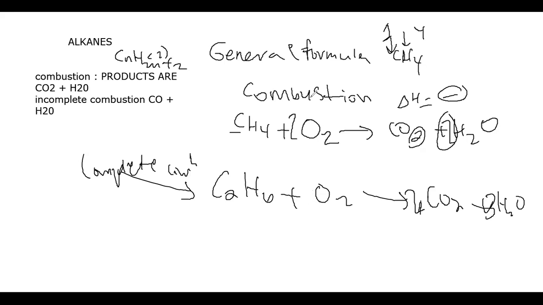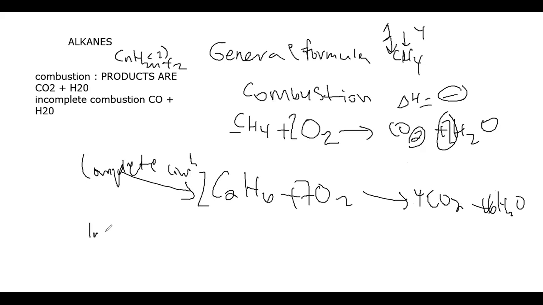I could do that, or I could just put 6 here, 4 here, and 7 here, and 2 here. So this would be the balanced equation.